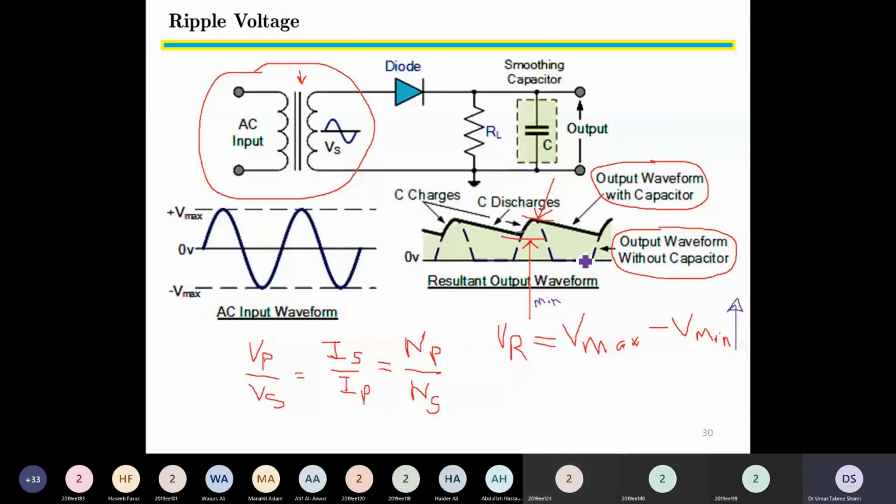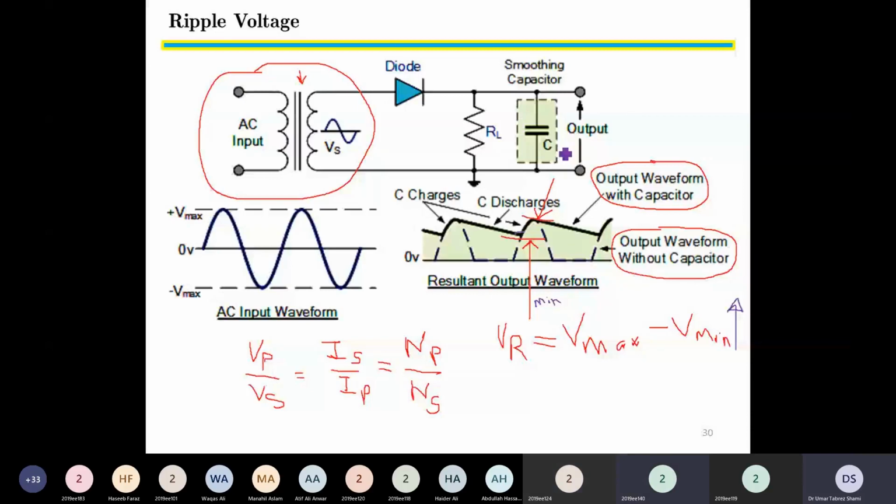By increasing the capacitance, definitely we will get a larger V minimum. But there is a certain disadvantage: we should not use large capacitors. If we use a very large capacitor, then no doubt our ripple voltage will be decreased and we will get a very smooth DC output.